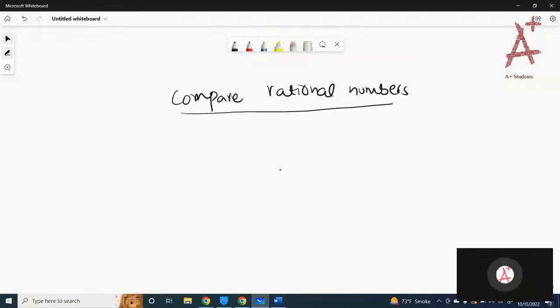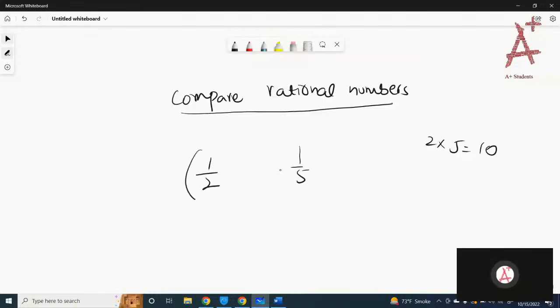Which sign makes the statement true? We have 1 by 2 and 1 by 5. We need to see which of them is less and which one is greater. Got it? So first of all, both of them have different denominators, so just make their denominators the same. Got it? 2 times 5 is 10. Use 10 as a common denominator.